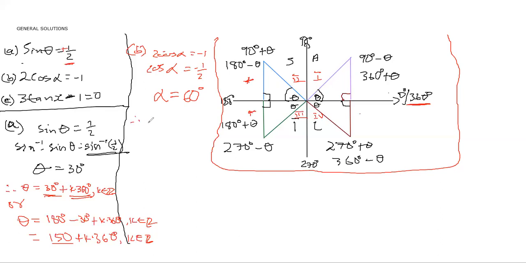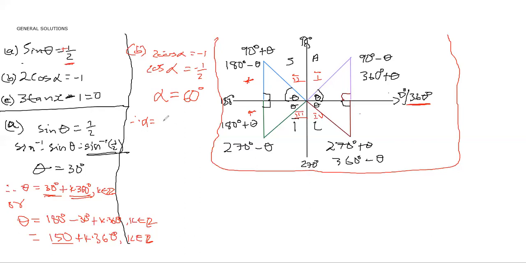It is quadrant 2, this quadrant here, and quadrant 3, that quadrant there. Therefore, my solution will be as follows. Alpha should be, not just 60 actually. What is happening in the second quadrant? You can see there, I have 180 minus 60, you see?